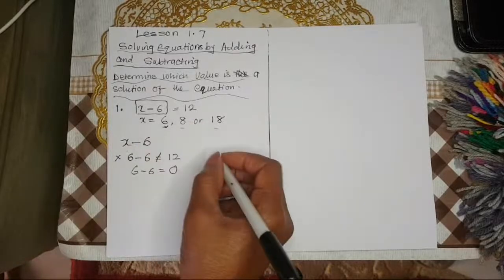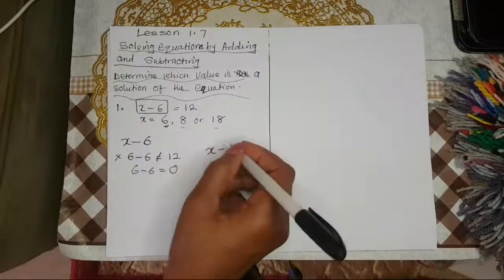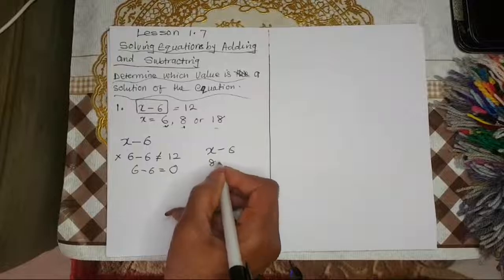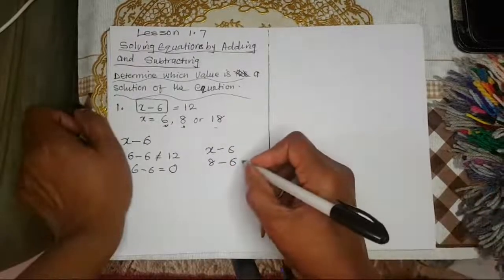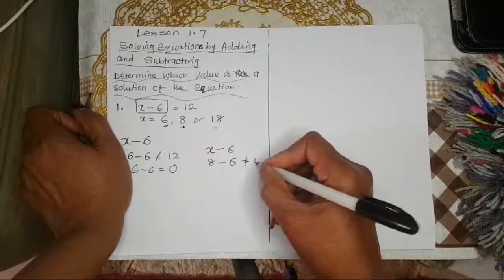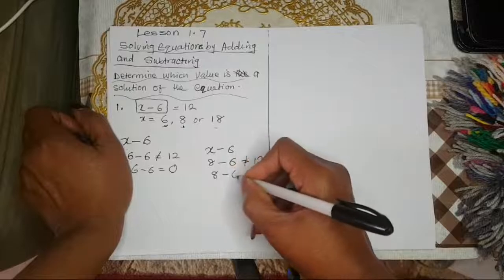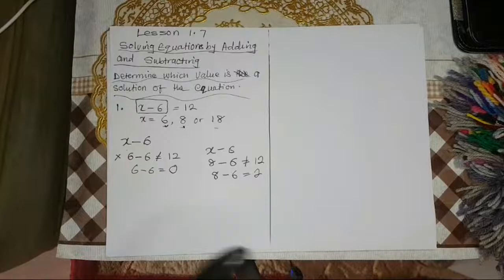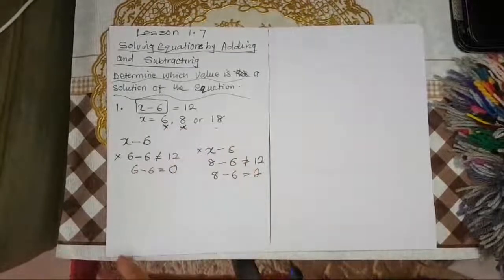Let's take the second one, x minus 6. We're going to replace x using 8. 8 minus 6 is not equal to 12. 8 minus 6 is going to give us 2. So the second one is a no. Let's try the third one.